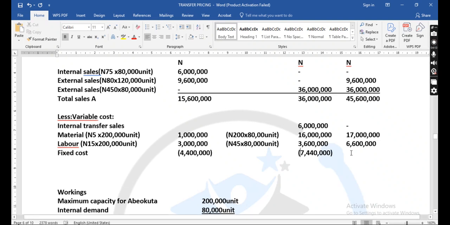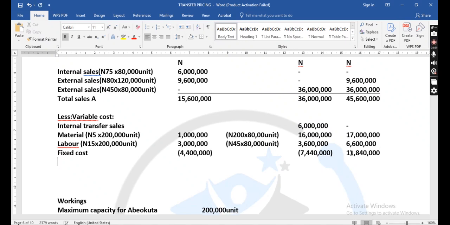When you add the fixed costs together, what do you have? 11,840,000. That's all about the costs.